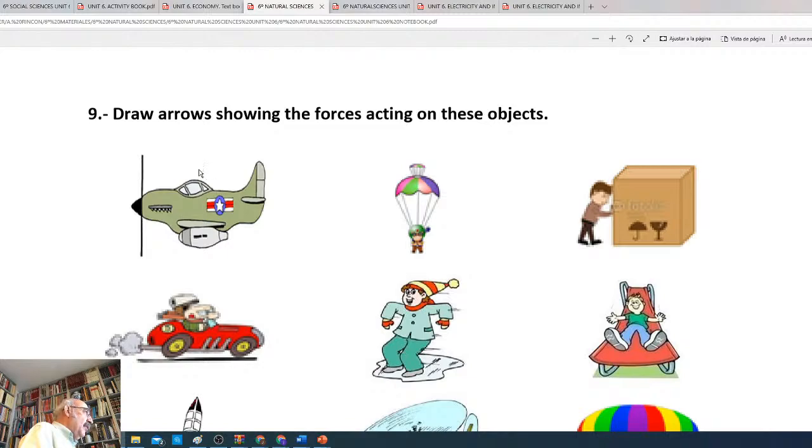So you have to draw three different arrows. One towards the surface, toward the earth. Another one with the same force up. And finally, another force pointing to your left. And in this case, the same: there are two forces acting on the parachute.